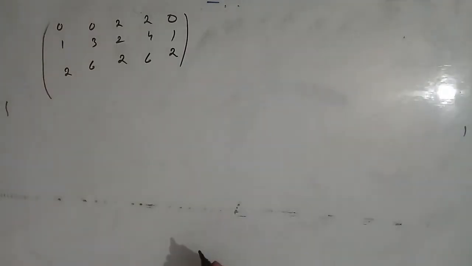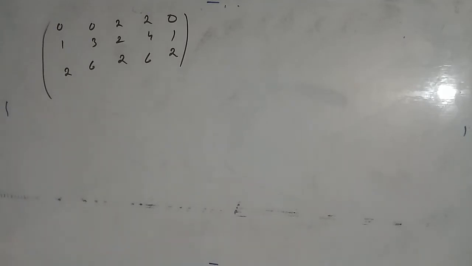This matrix is given. Okay, so first we have to find the rank of this matrix. Now we will reduce this matrix to row reduced form.